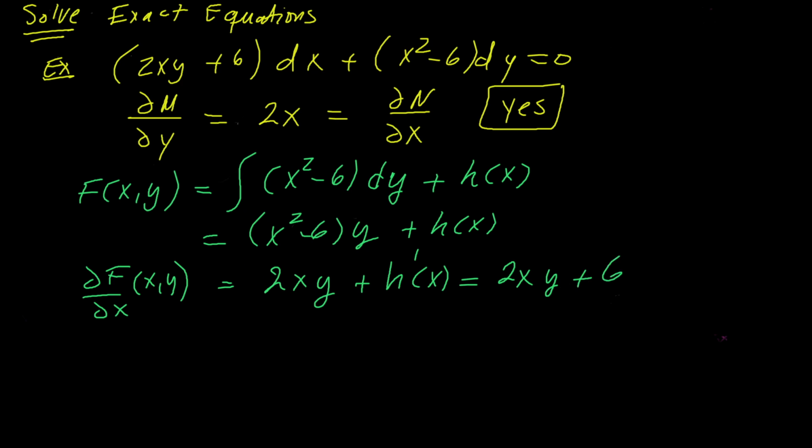And I'm going to match these two. That tells me that h prime of x is 6, which means h of x is 6x.